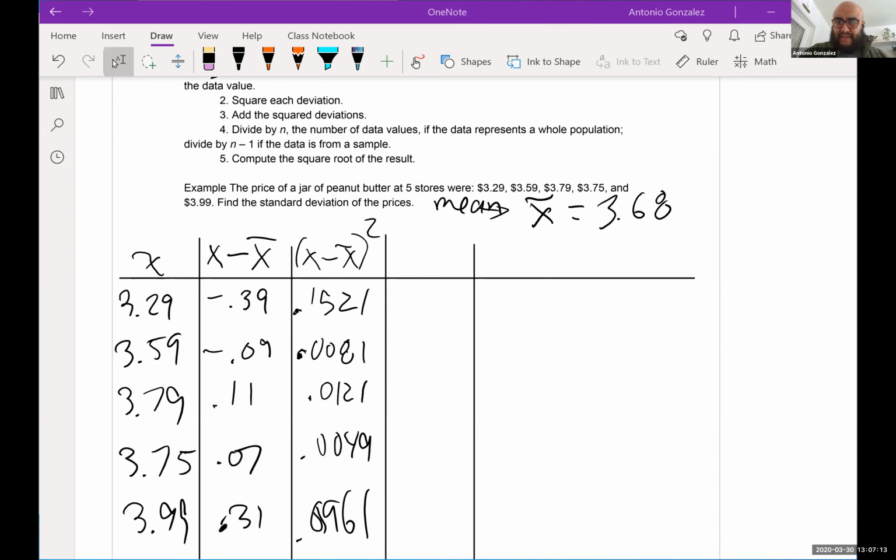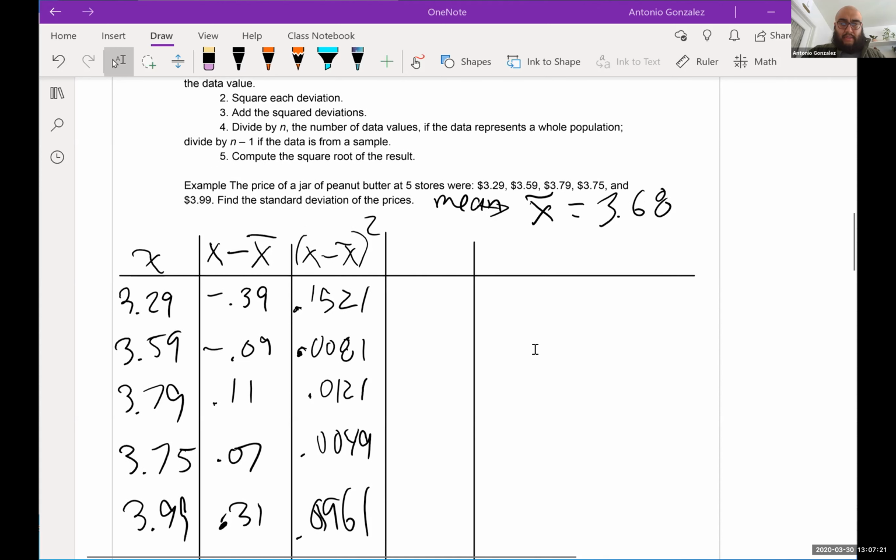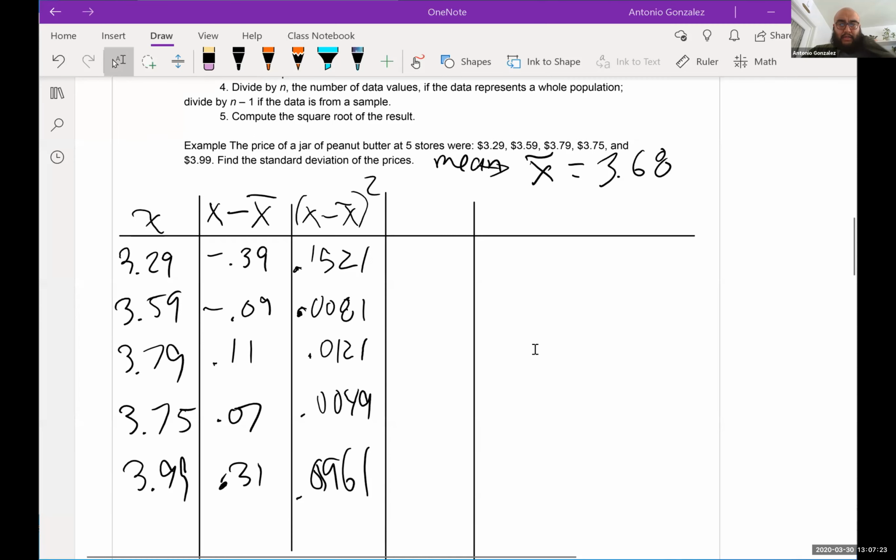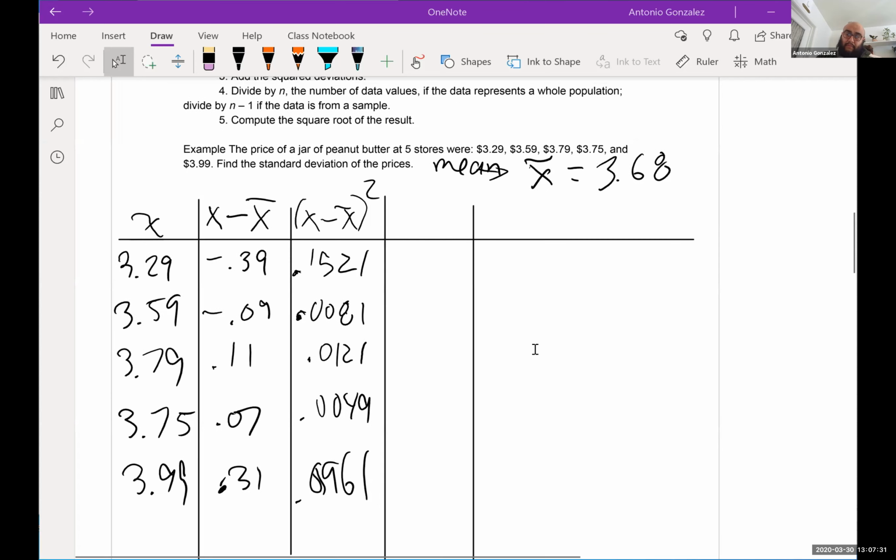We'll get to that in S sub x. What are you referring to, Melody? I know, but this notation S sub x, are you talking about in terms of the calculator? I'll get to the calculator.